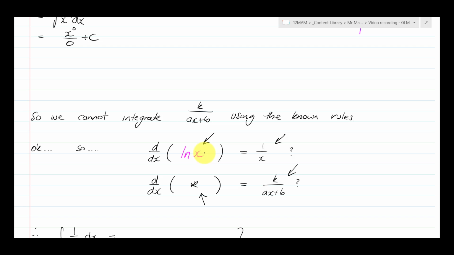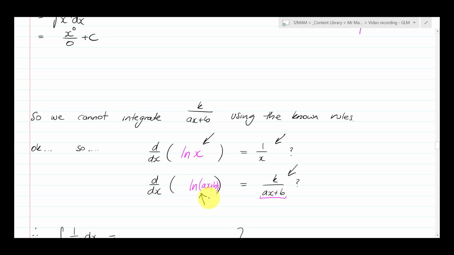You can integrate 1 over x squared using polynomials, but you cannot integrate 1 over x. In that case, we get the natural log of x. And here, if we integrate k over ax plus b, the ax plus b is really important. That's inside the log.